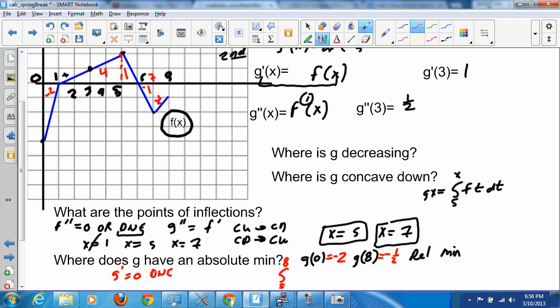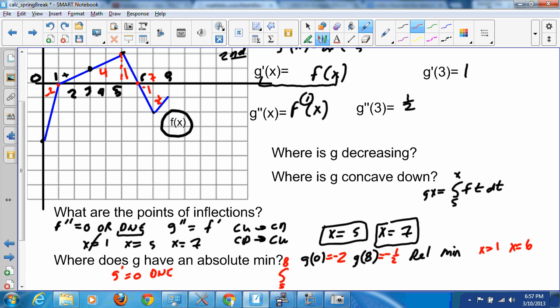And since we've already discussed this several times, the function itself is g prime, right? So a possible candidate is at 1 and again at 6. So these are critical points, x equals 1 and x equals 6.